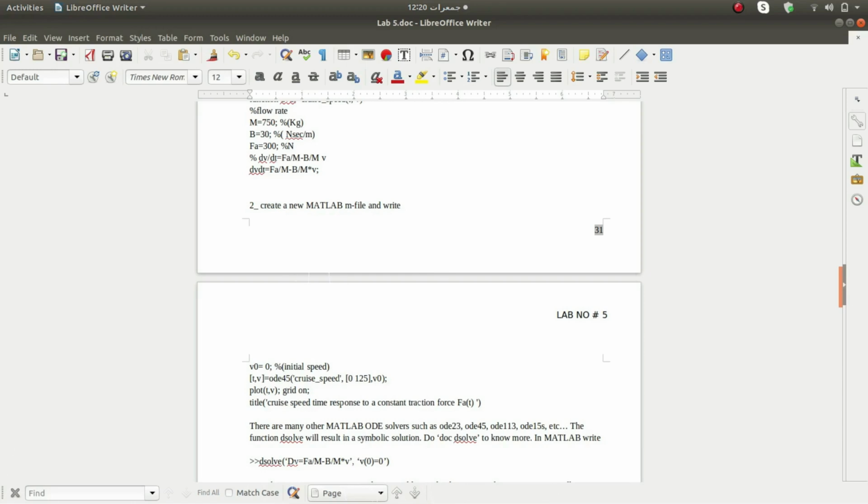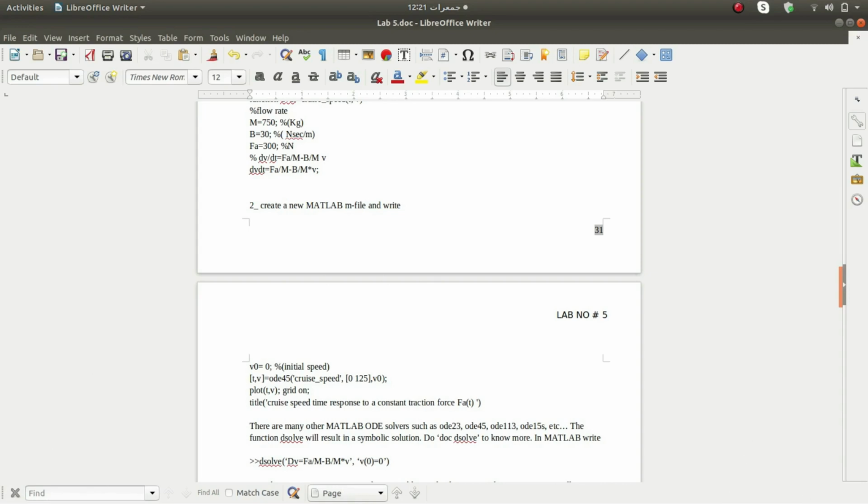You can also change this limit if you want to observe a greater span like 250, 500, or a lesser span like 10 or 50. Here we are using a time span from 0 to 125, and the initial condition is v0, which equals 0.